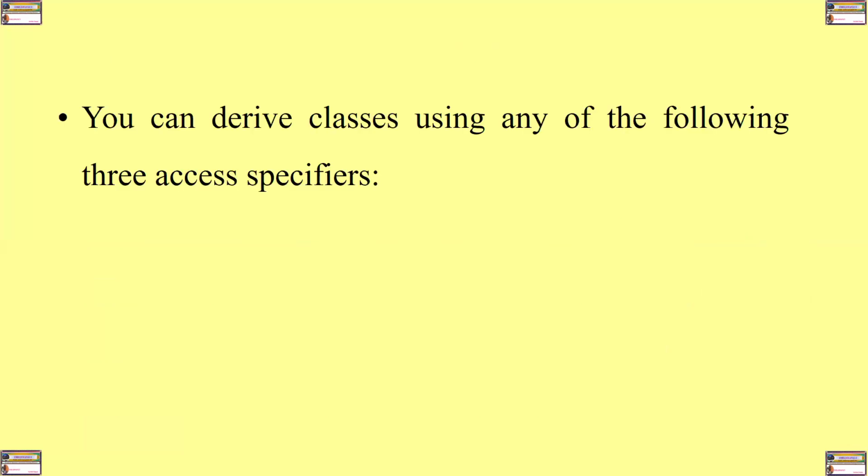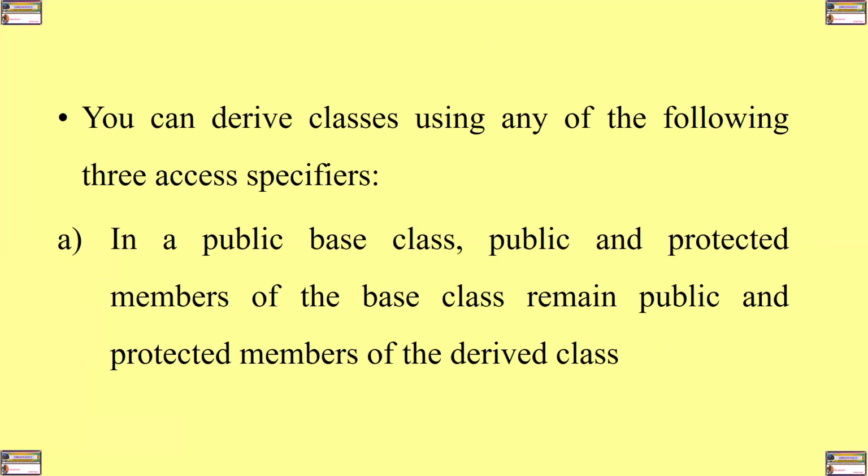You can write classes using any of the following three access specifiers or scopes. Number one, in a public base class, the reserved words public and protected are used to refer to members of the base class that remain public and protected members of the derived class.